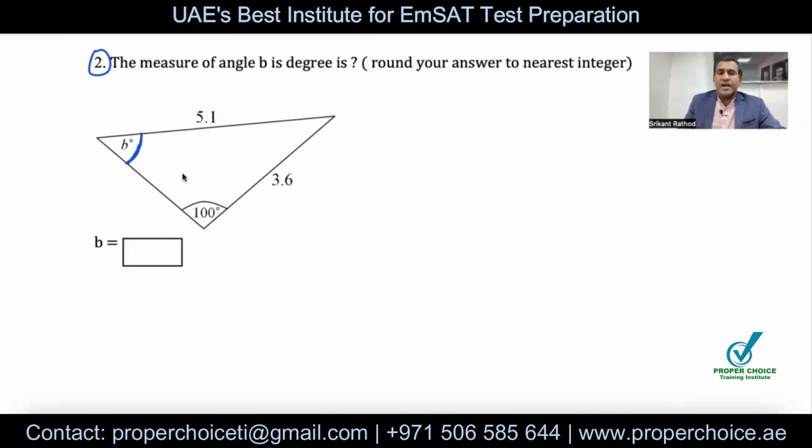Regardless of the shape of the triangle, if one of the sides and its opposite angle are known to you, and we are asked to find an angle and the other side has been given, in that case I need to apply the law of sine.